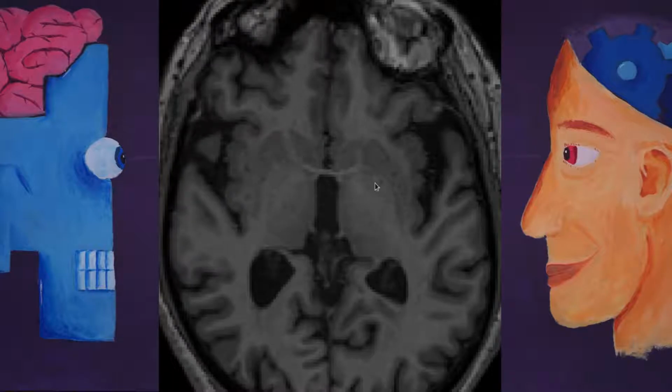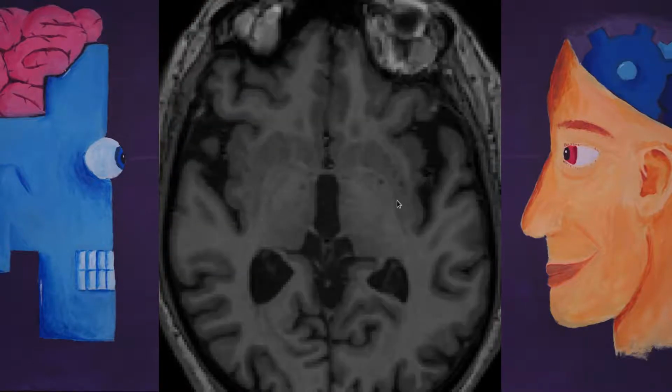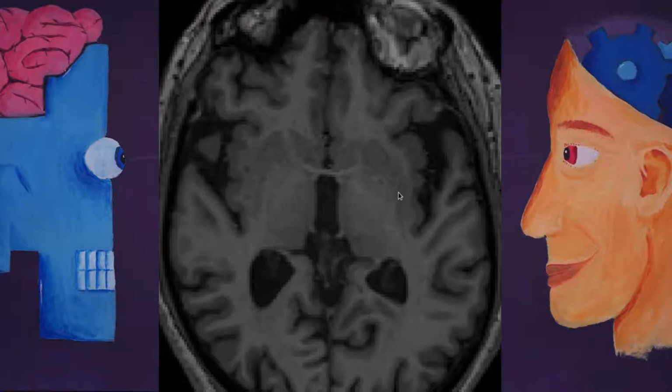And here you see a few perivascular spaces, but not crazy. So there's maybe 1, 1, 2, 3, 4.